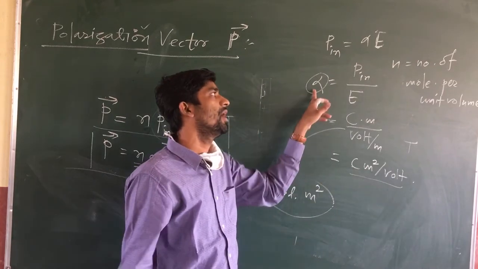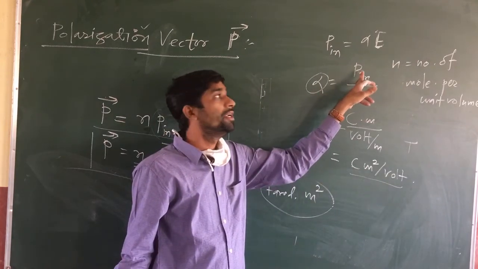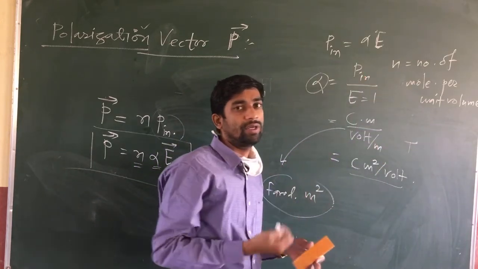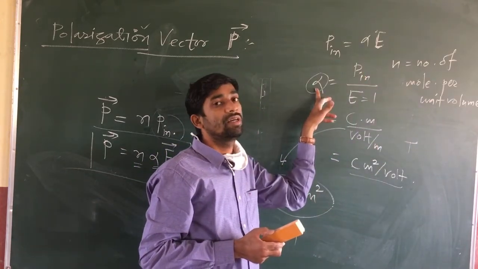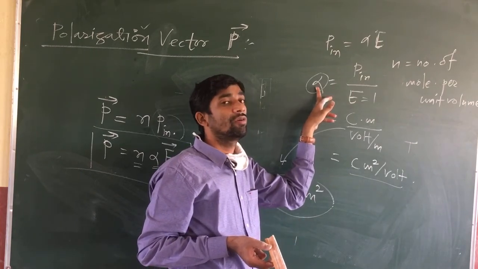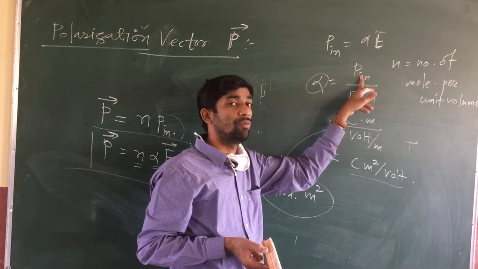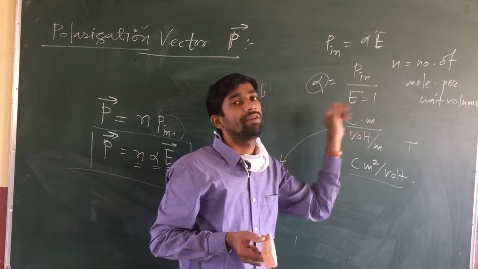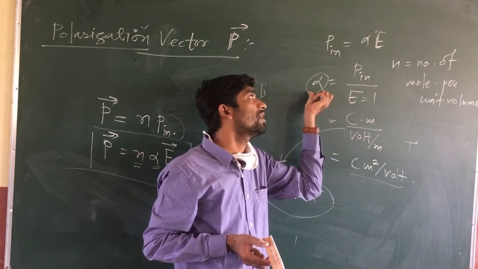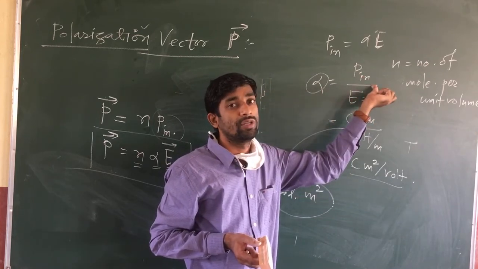Alpha is the induced dipole moment when the electric field is 1. The polarizability constant is equal to the induced dipole moment per unit electric field. If the electric field is 1, the alpha value is equal to the induced dipole moment.